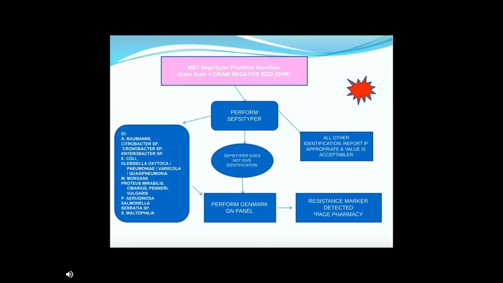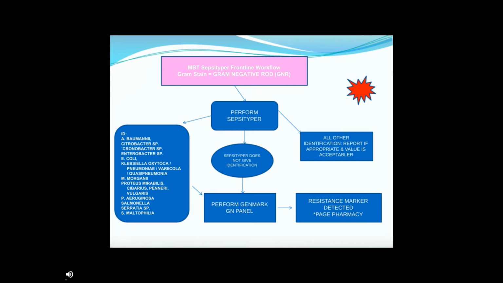So for gram-negative rods, same type of algorithm. We perform our Sepsityper. If there's no identification from the Sepsityper, it goes right to our molecular instrument. On the slide, if you look at the box on the left, or the right, however you're looking at the system, if any of those organisms are identified by Sepsityper, we automatically put it on our molecular instrument, and we're looking for that gene marker resistance.